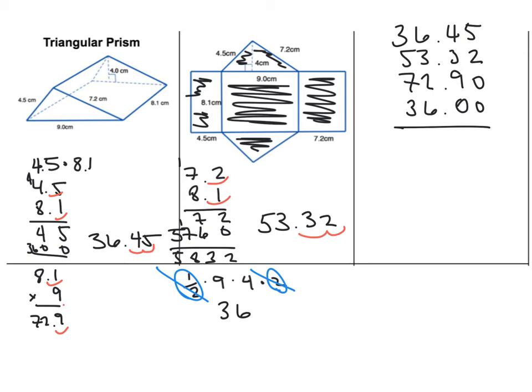Alright, so when I add all that together, I got 5 plus 2 is 7. 4 plus 3 is 7, plus 9 is 16. 2 sixes is going to give me 12, plus 6 more is going to give me 18. 3 and a 3 is going to give me 6, plus 1 is 7, plus 7 more is 14, plus 5 is 19. And so my decimal place here stays lined up. So my answer is 198.67 square centimeters.